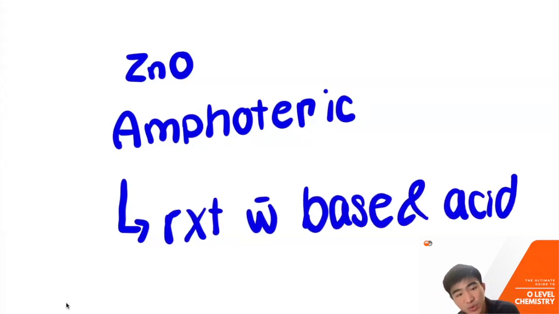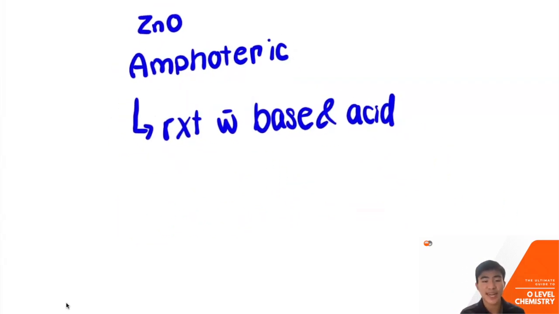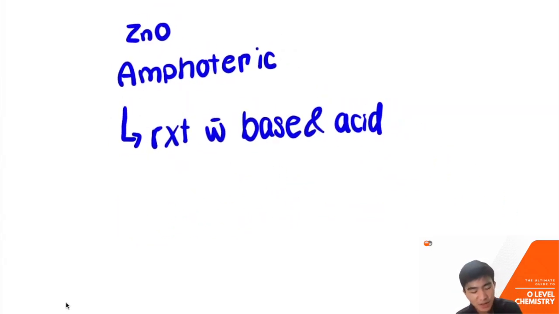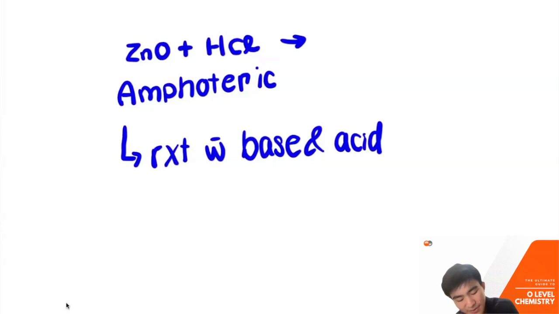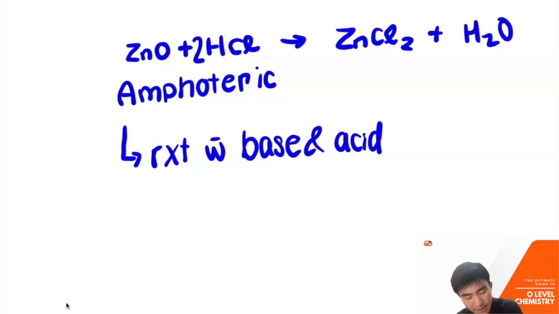It means it's a two-in-one kind of situation. So zinc oxide, I can react it with HCl, and I give you zinc chloride. Of course, this is an acid plus base situation, giving you salt and water, H2O. The balanced equation looks something like this. This is when zinc oxide reacts with acid.